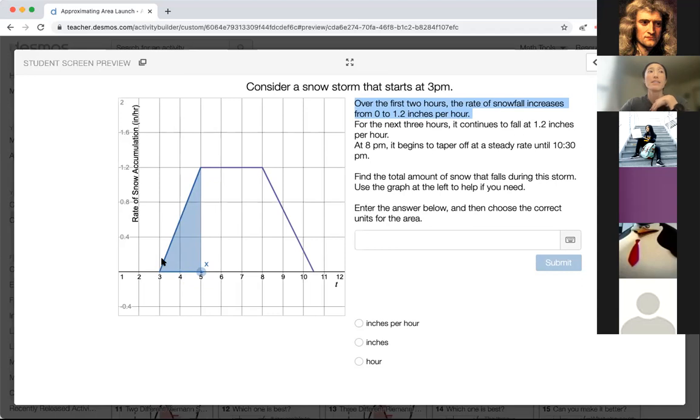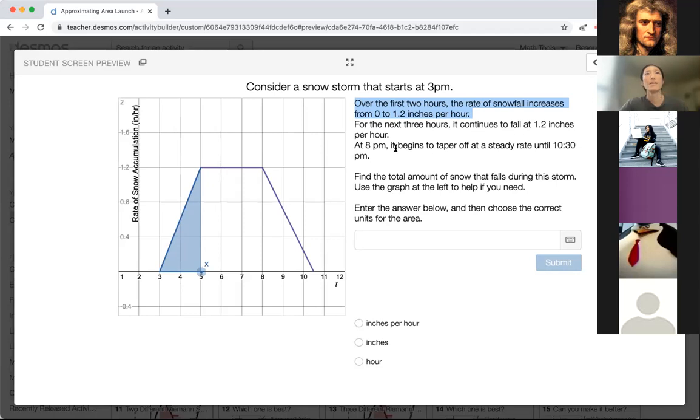This line represents the rate of snowfall. So as this line goes up, what we're looking at is a heavier snowfall. So maybe we see a few snowflakes in the beginning, and then after 2 hours, it's snowing pretty hard.